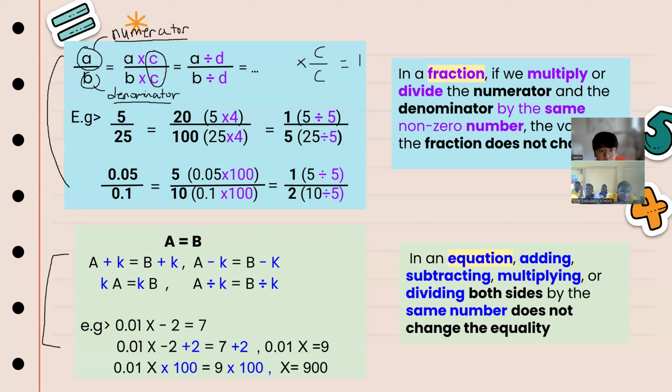That's what we did with a over b here. If you multiply a over b by c over c, or divide by the same number, d over d, then it's still going to be a over b, but written in a different form and with different numbers.